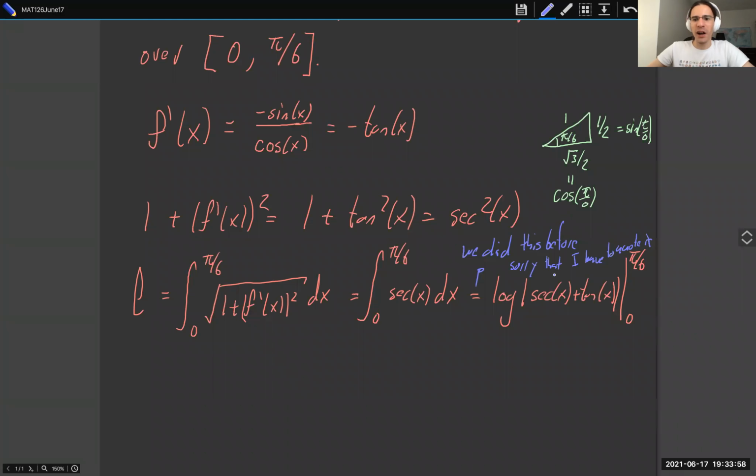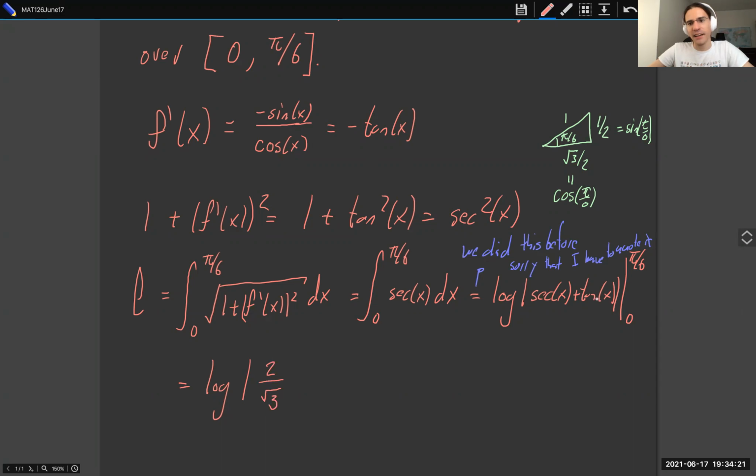Okay, so what is secant? Secant is 1 over cosine, right? So then if I plug this in, I get logarithm of the absolute value of 1 over cosine of pi over 6. So that's 2 over root 3.